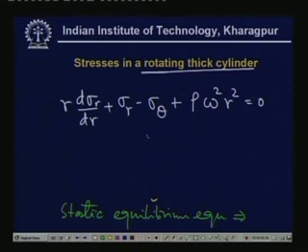Now for the plane stress problem, again we will have to find the expression of epsilon theta in terms of u, which is equal to u by r.